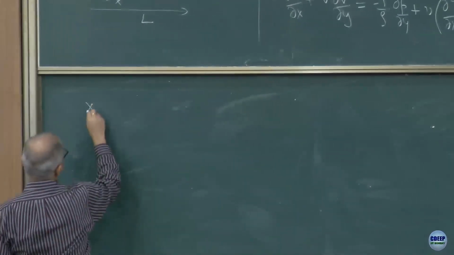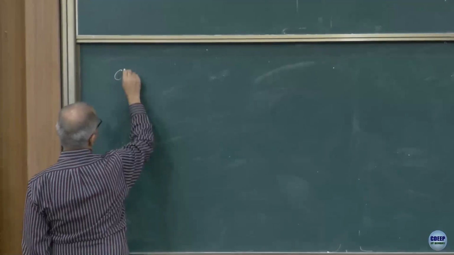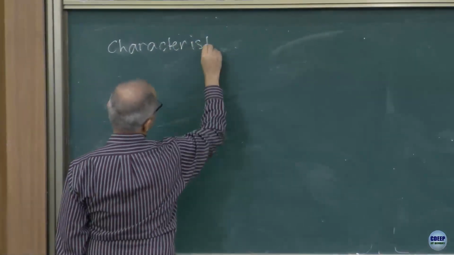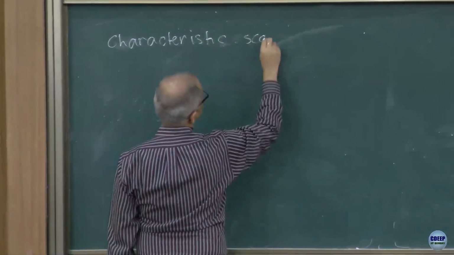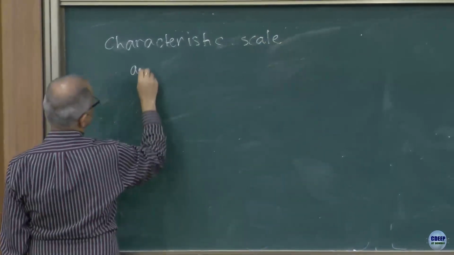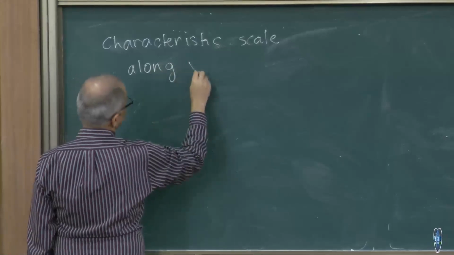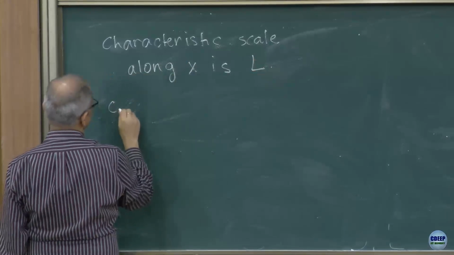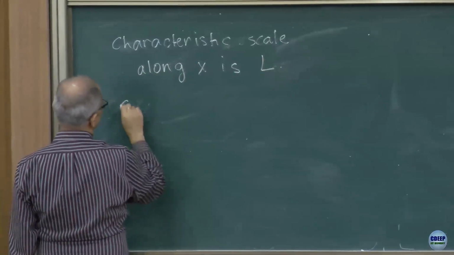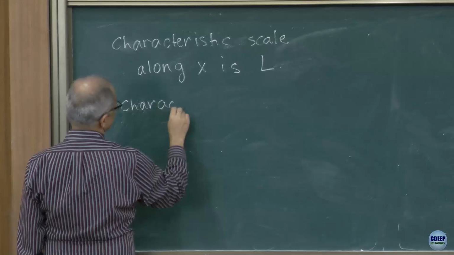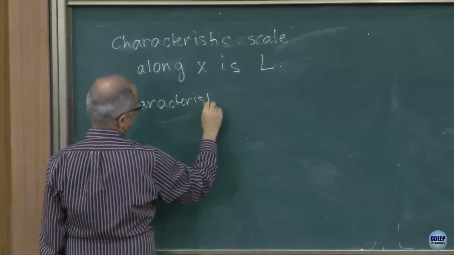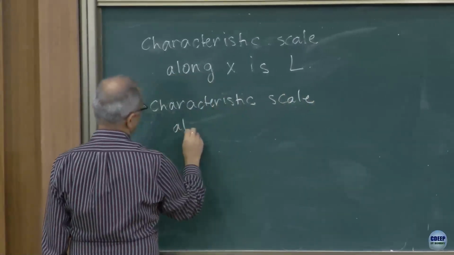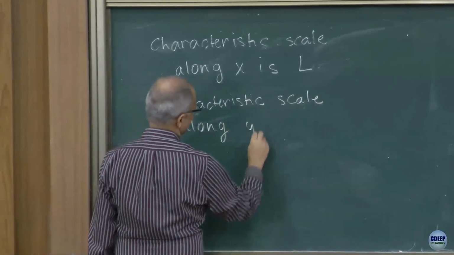So the characteristic length scale along X is capital L, and the characteristic scale along Y is delta.